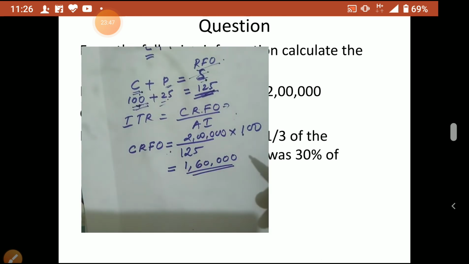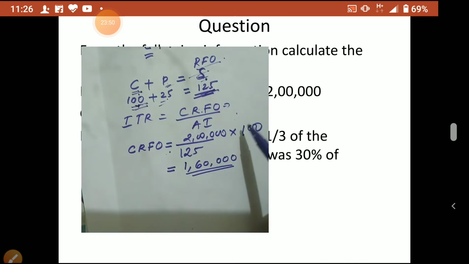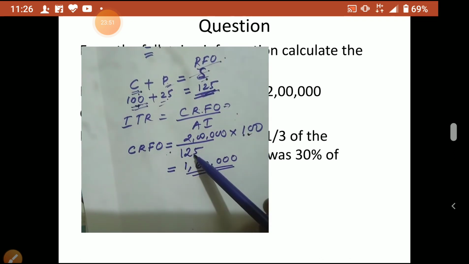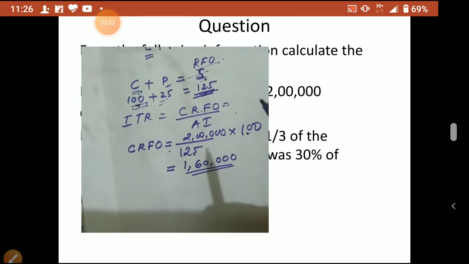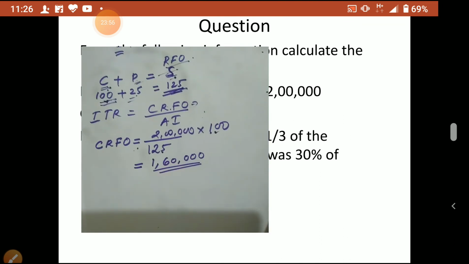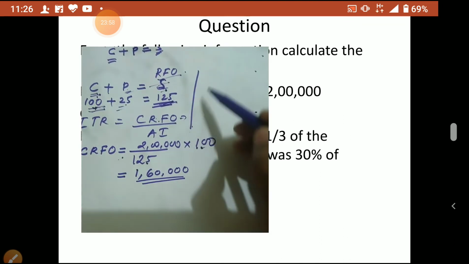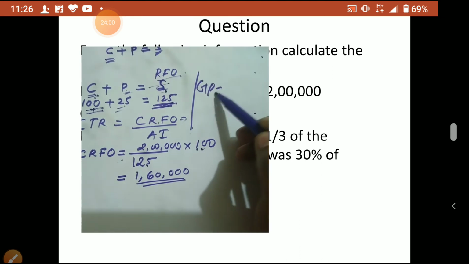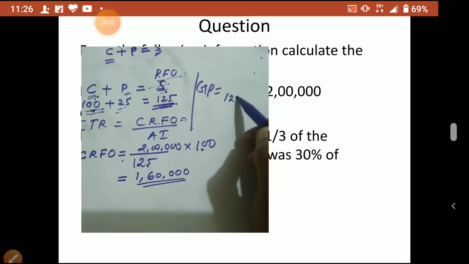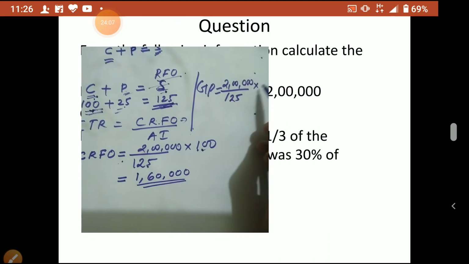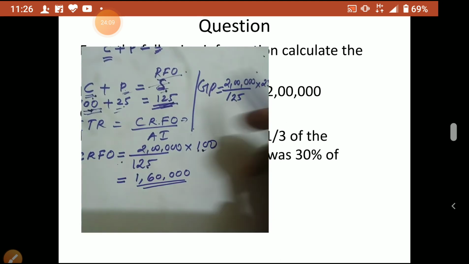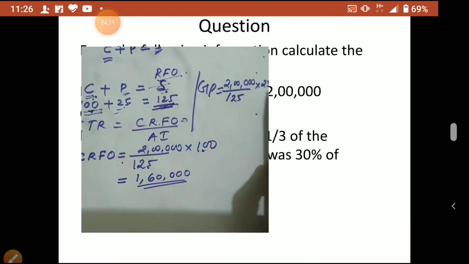Or what we can do, you can calculate into 25 also. If 125 is 2 lakh, you can calculate gross profit also. Gross profit is, very simple, if 125 represents 2 lakh, then 25 represents the profit, that's why into 25.